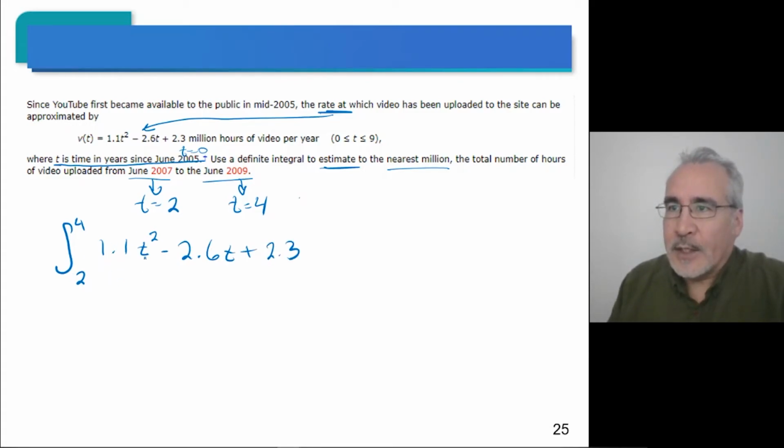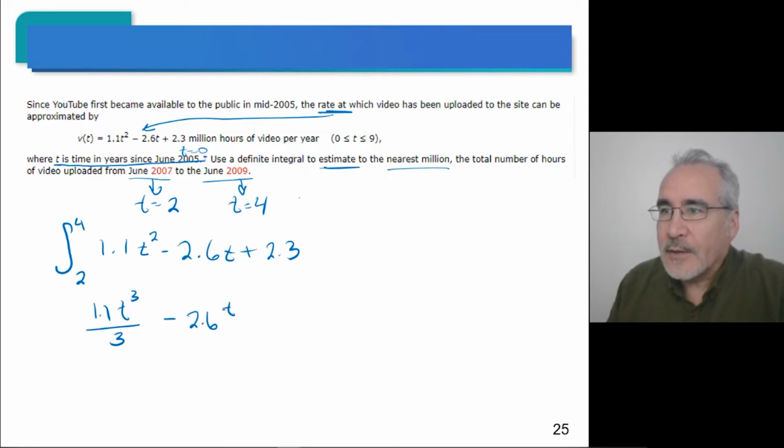So we can use the fundamental theorem of calculus, and again, we could integrate this. This becomes t to the third, because you add 1 to it and then divide by the three. This becomes t squared, so 2.6 t squared divided by 2, and you could simplify that. And this simply becomes 2.3 times t.